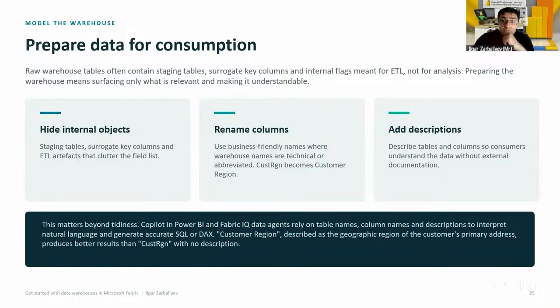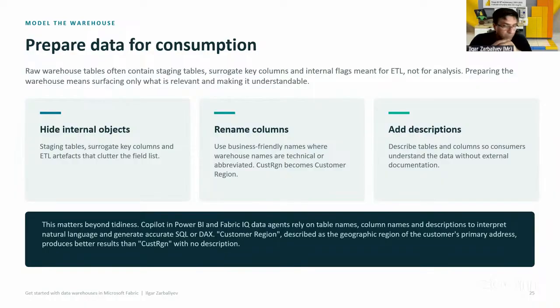So in the model view, three practical steps. Hide internal objects, staging tables, surrogate key columns, ETL artifacts. Nobody building a report needs to see stage sales or customer key. Hiding them is not about secrecy. It's about reducing the choices a consumer has to filter through.